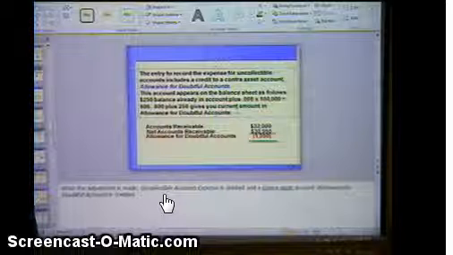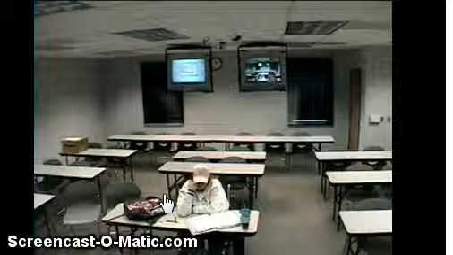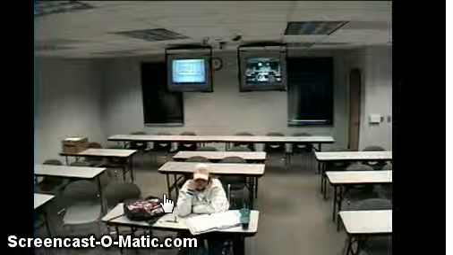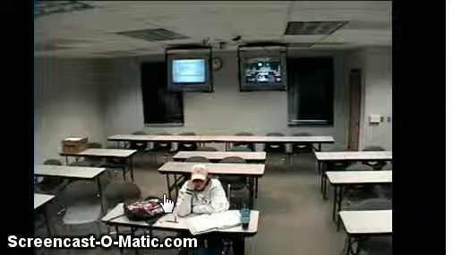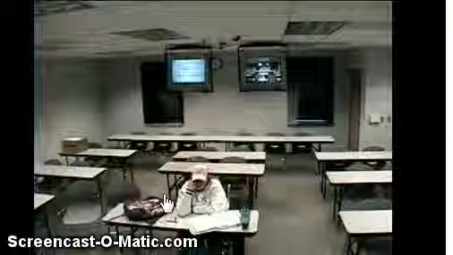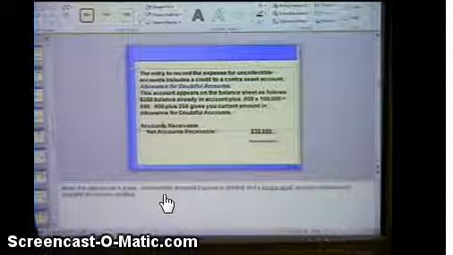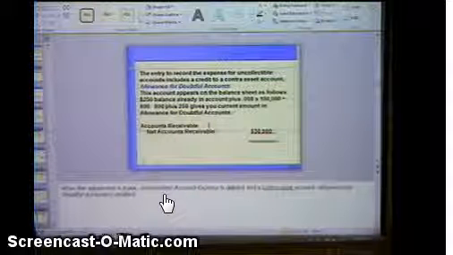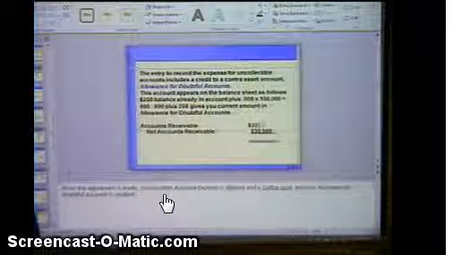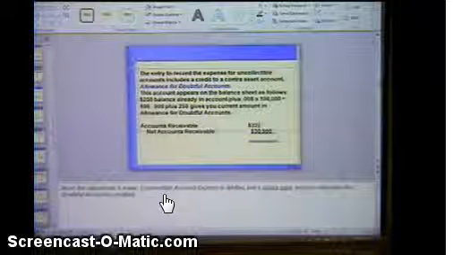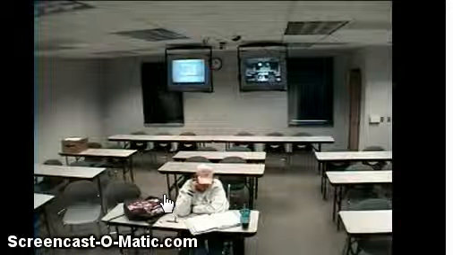This is fun. Somebody read it to me. Accounts receivable, 32,000. I'm not getting to the top. Okay. Golly, Moses. 32,000. Okay. Then it says allowance for doubtful accounts.